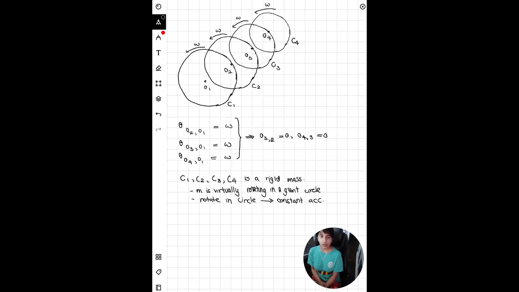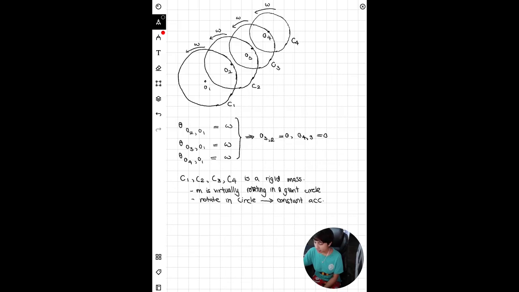Okay, you're probably wondering, how are we going to solve this problem? It looks really complicated, right? Well, it's really not. It's given that each circle is moving with an angular velocity of the same amount, omega. And this omega is with respect to a sitting point, or a point that's stationary. What does this mean?